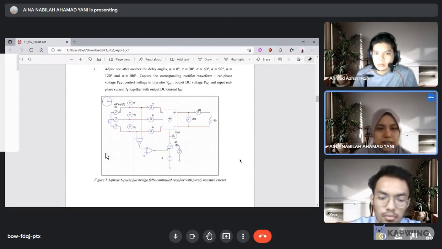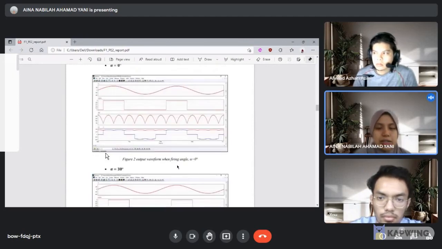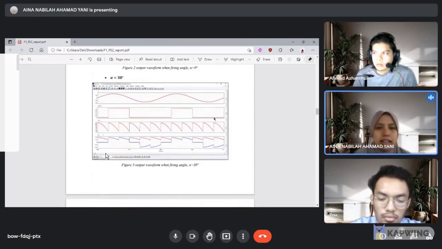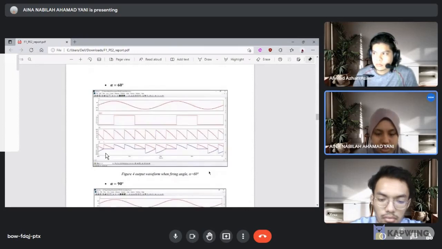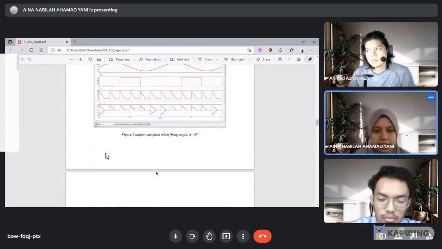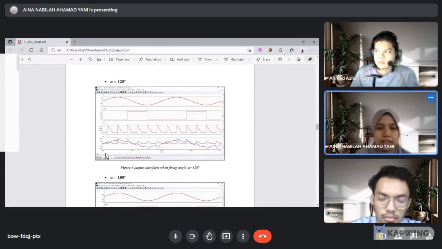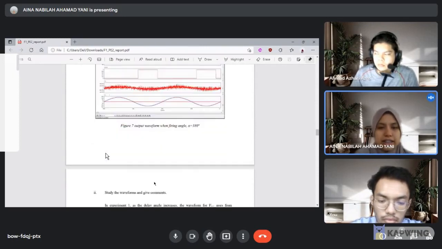So this is the circuit, and then this is the waveform that we get for 0 degree, the 30 degree, 60 degree, and the 90 degree. Next is the 120 degree, and the last one is 180 degree.